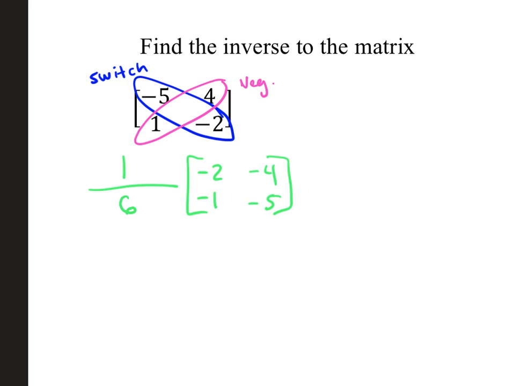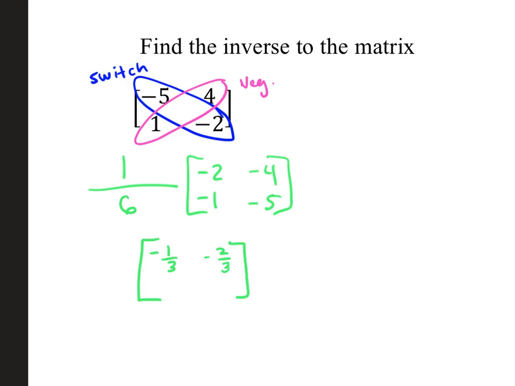And then we just have to multiply 1/6 to everything. So what's negative 2 times 1/6? Negative 1/3. What is negative 4 times 1/6? Negative 2/3.